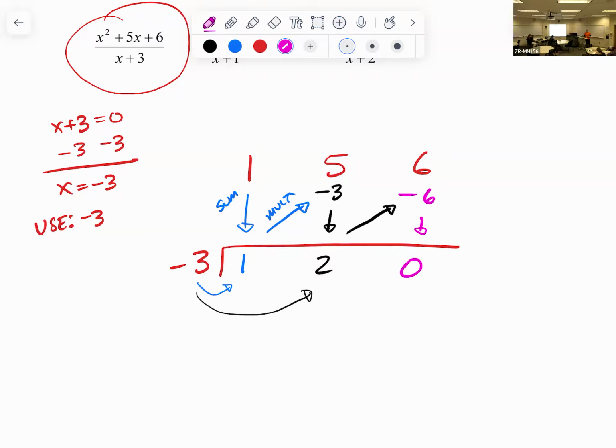When you count it back, it will always be 1 degree less than whatever you started with.